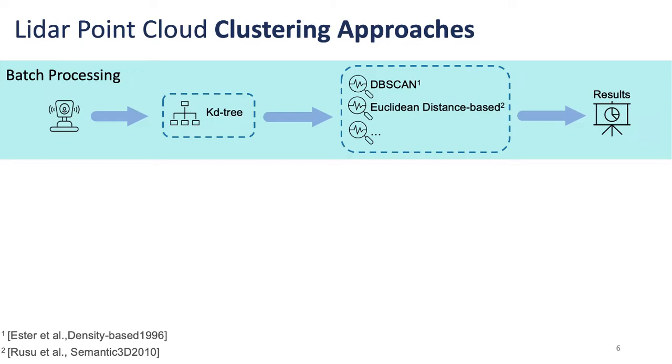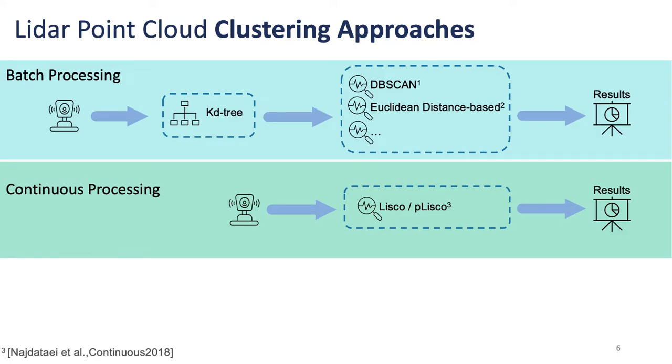To improve the performance of batch processing even more and eliminate the need for extra sorting, Lisco was proposed a few years ago. Lisco and its parallel version Pi-Lisco provide a continuous distance-based clustering by exploiting the inherent ordering of the points as they are collected by the LiDAR.